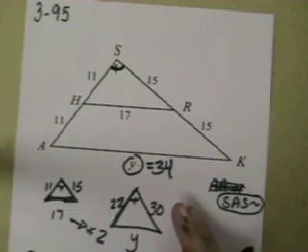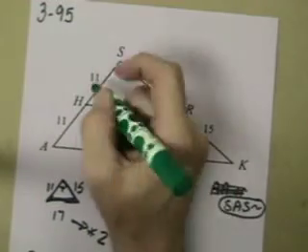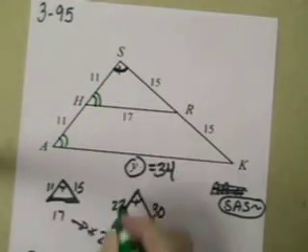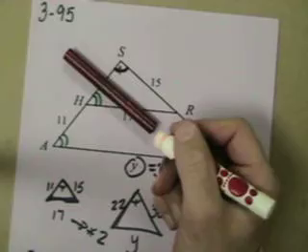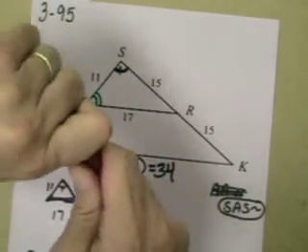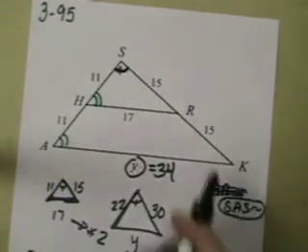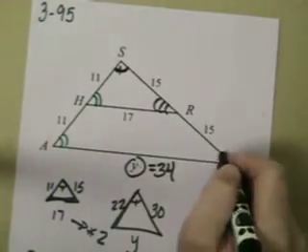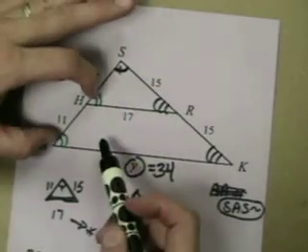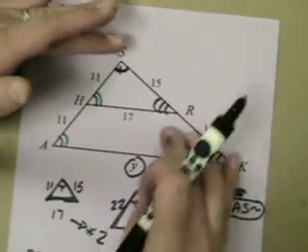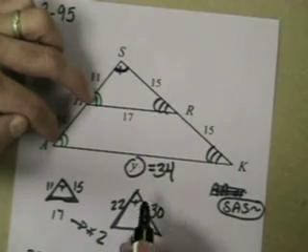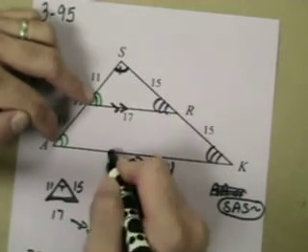They're similar, so you know from similarity that angle H has to match up with angle A, and angle R has to match up with angle K. If these two angles are the same, so this is like two lines cut by a transversal, their corresponding angles are the same, so that tells me that these two lines are parallel.